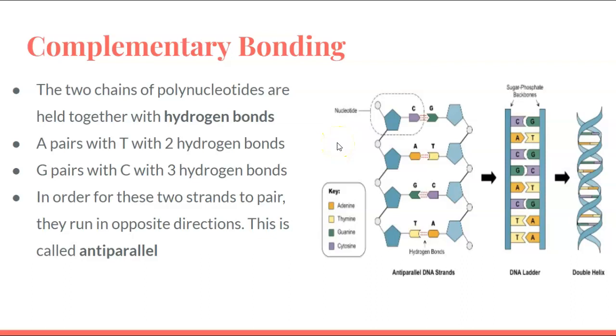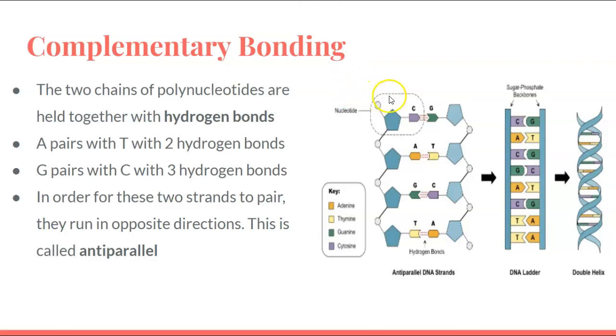So those chains of polynucleotides are held together with hydrogen bonds. In between your nitrogenous bases, you have hydrogen bonds. Between C and G, you have 3 bonds. Between A and T, you have 2. And you can see these as the dotted lines here. So in order for these 2 strands to pair up, they run anti-parallel.